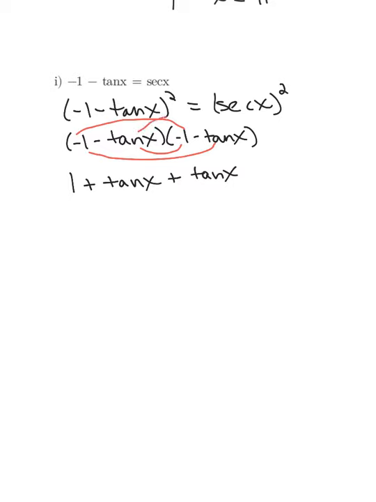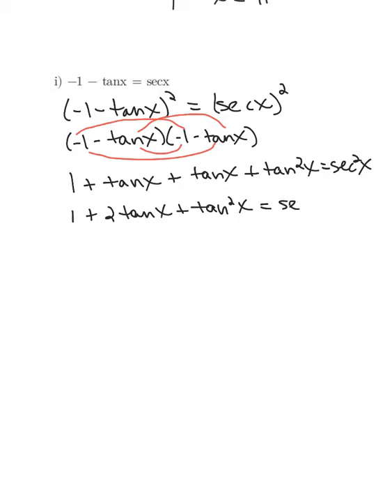And then take the last times the last, you get plus tangent squared of x. And on the right side, when you square that secant, you get secant squared of x. So my left side of the equals becomes 1 plus 2 tangent of x plus tangent squared of x equals secant squared of x. All I did was put my two like terms, tangent x plus tangent x, together.